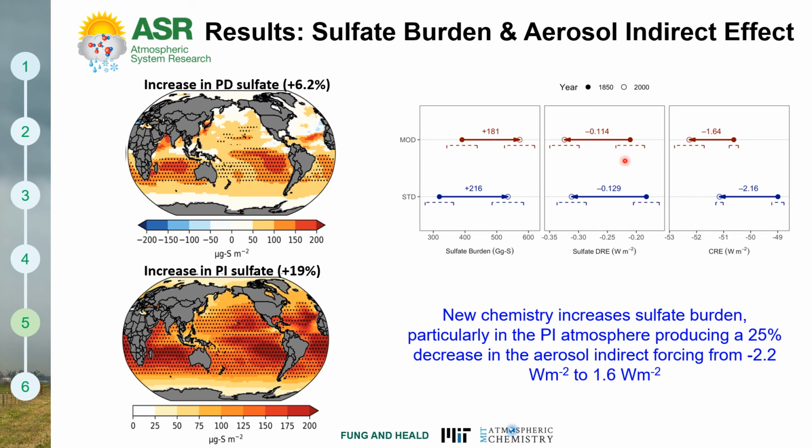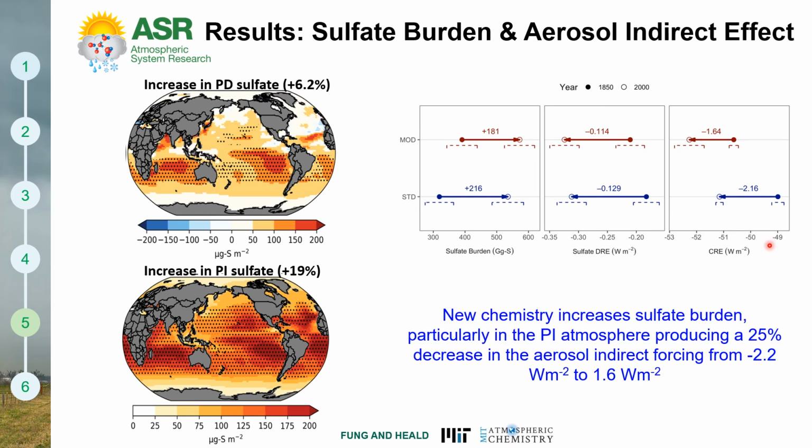But the delta, the increase in the sulfate from pre-industrial to present day, driven by anthropogenic emissions, is not very much affected by this. So we have a little bit of a dampening effect here, but these are, to all intents and purposes, largely similar. What is more noticeably impacted is the indirect effect.